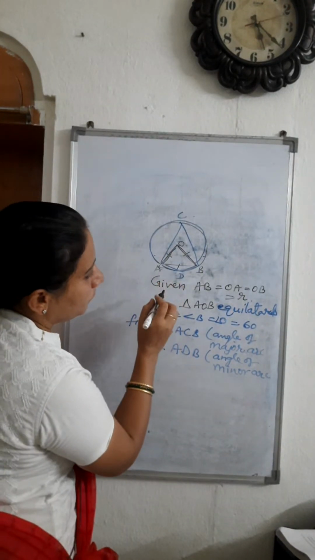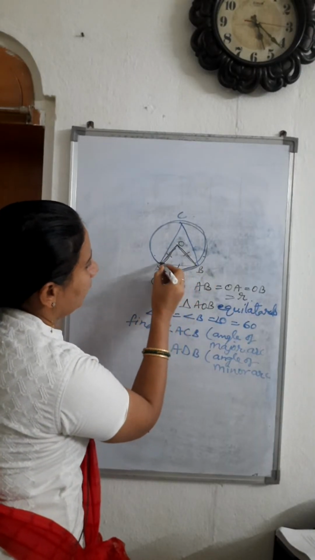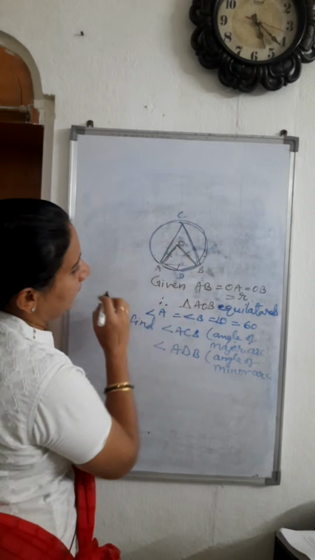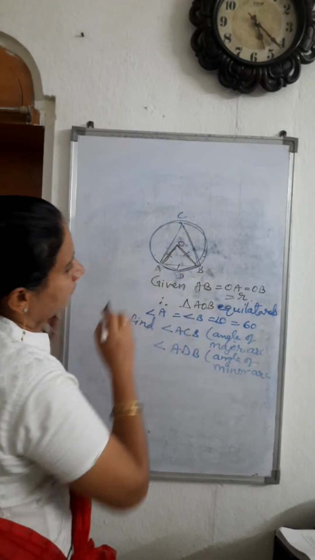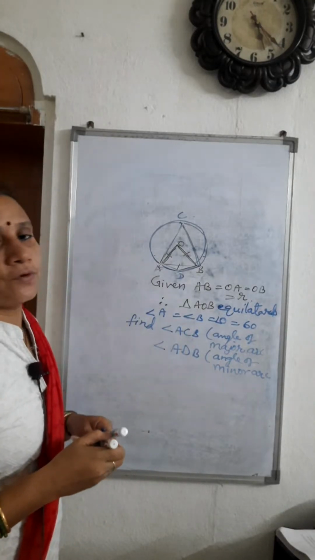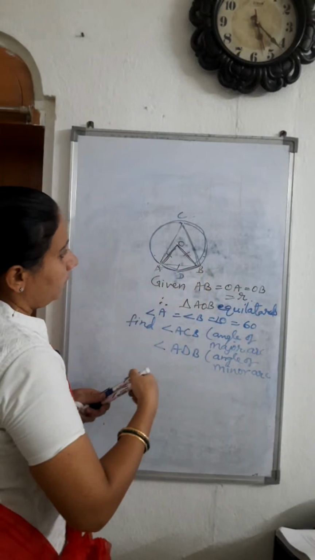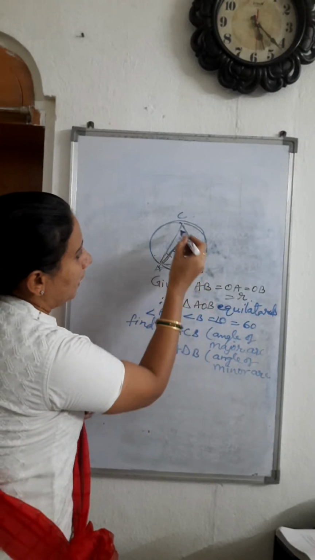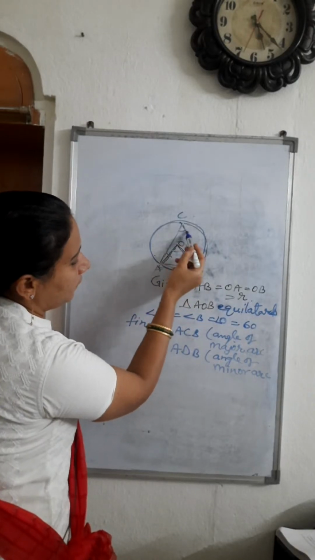Now I'm going to use the second property which I told you: in a cyclic quadrilateral, opposite angles are supplementary. Here you can see a quadrilateral is there. What is a quadrilateral? It is a closed figure with four sides. Now here, angle O is the angle at the center and angle C is the angle at the other part of the circle.